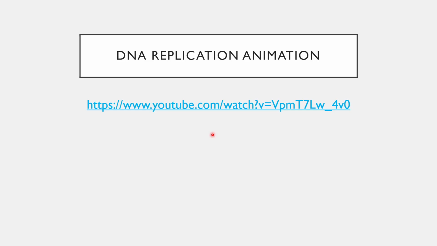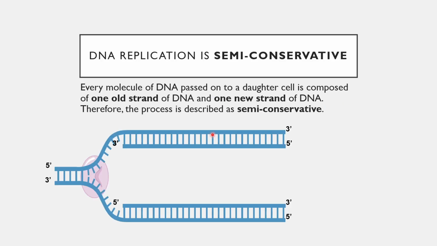So one final detail that we want to address about this process of DNA replication is one of the terms that is used to describe it, which is semi-conservative. Semi-conservative is a word that is used to describe the fact that every DNA molecule that comes out of DNA replication is actually half old, half new.